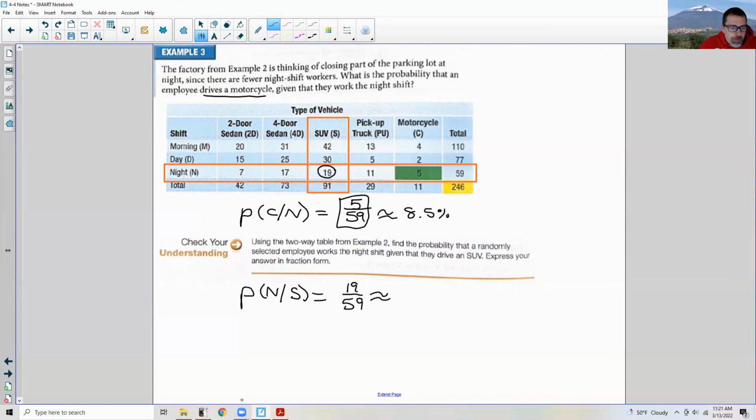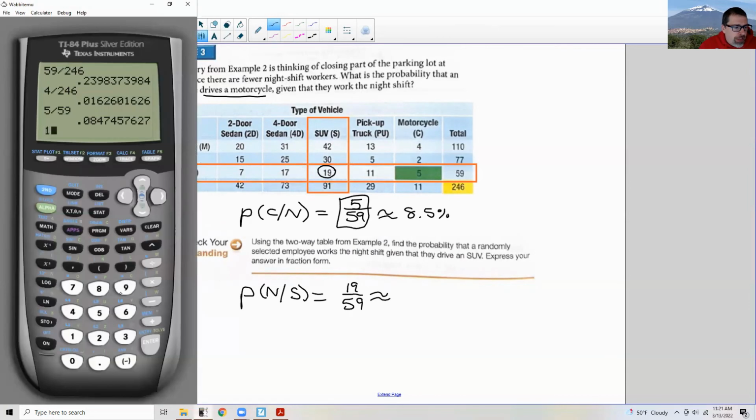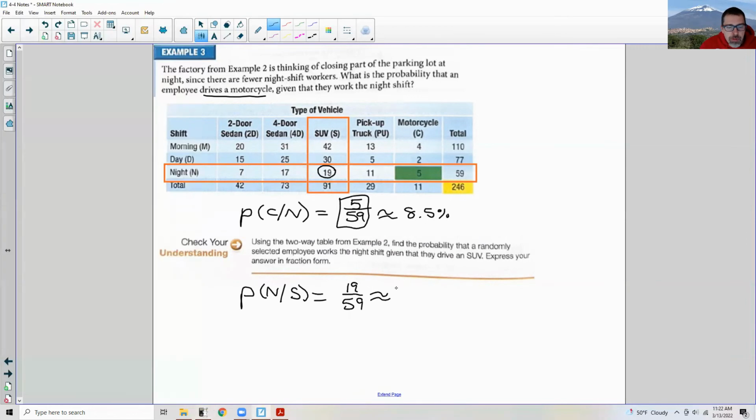And when I put this into a percent, 19 over 59 is 32%, approximately 32%.